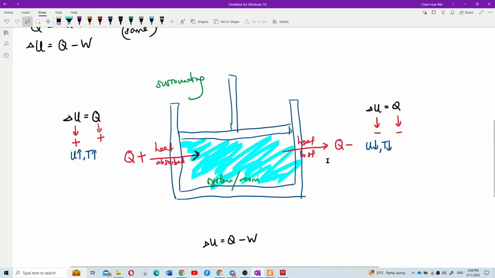If heat is lost, this is what an aircon does, class. It takes the heat out. Outside, the surrounding, you feel hotter, but inside the room you feel colder. Because why? Delta U is negative. The internal energy decreases, temperature decreases. Understand, class?